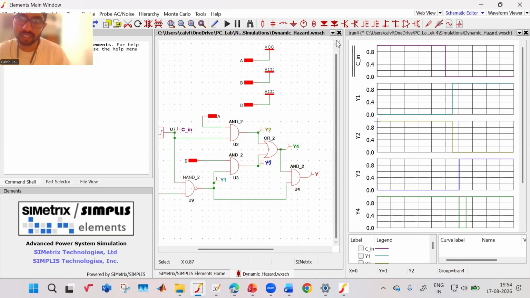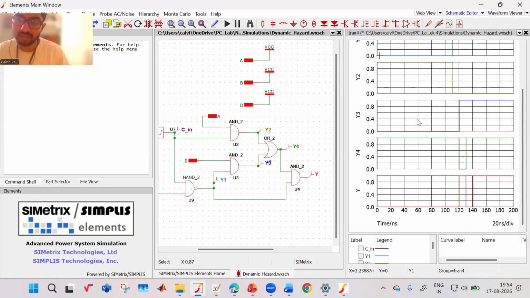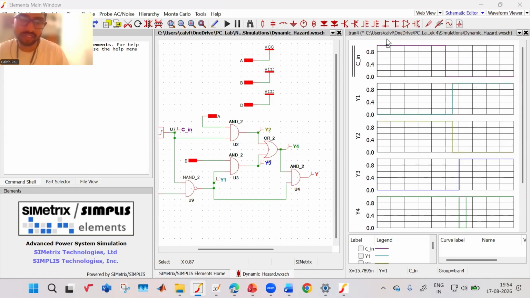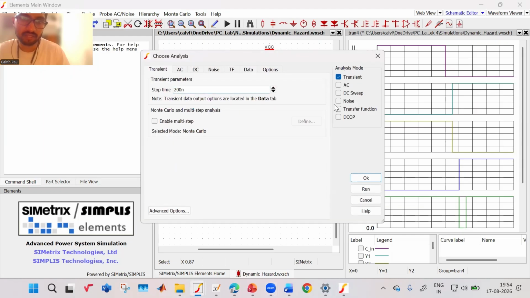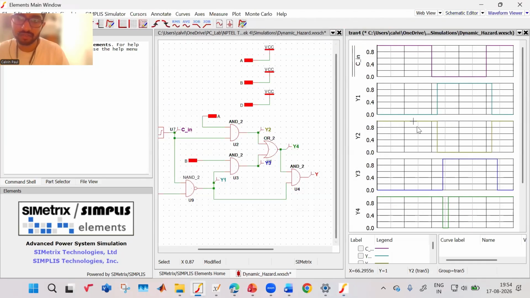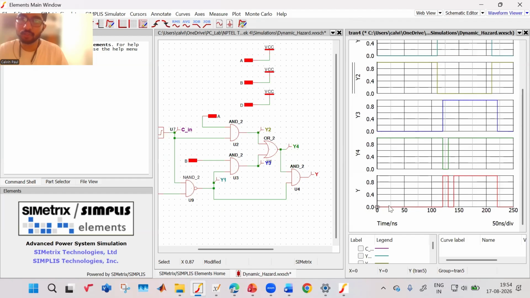Let me change the simulation time. It's 200 nanoseconds, let me increase it to 250 in the transient simulation. So this is your C. It is going from 1, 0, 1. So what should your output be? Your output should be 0, 1, and 0.